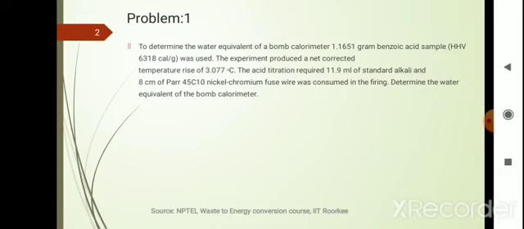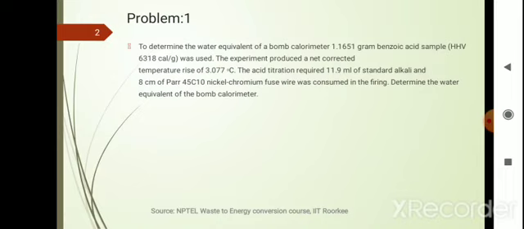The acid titration required 11.9 milliliter of standard alkali and 8 centimeter of PAR 45C10 nickel chromium fuse wire was consumed in the firing. Determine the water equivalent of bomb calorimeter.